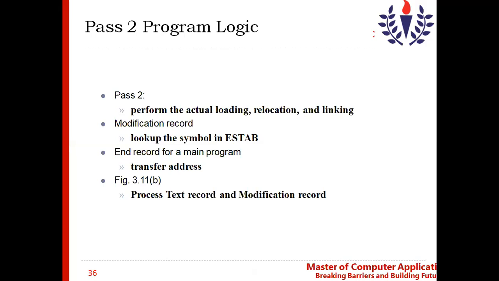That is, the modification record will be looking up the symbols in the ES tab. Once this process is done, loading, linking and relocation happen. The next step is to execute the program. Where it has to start the execution is given in the end record.